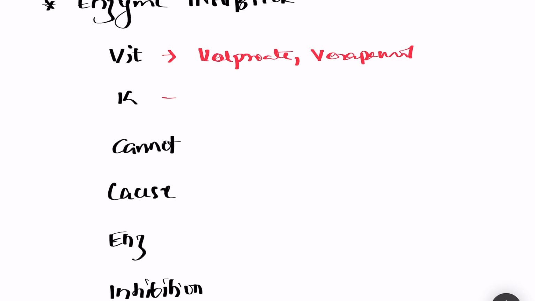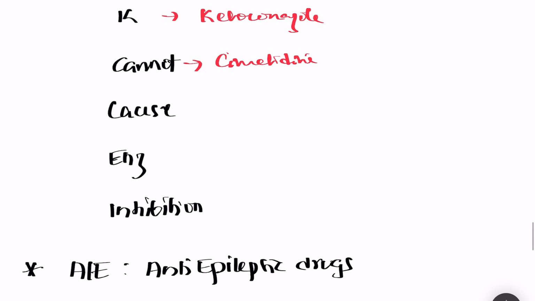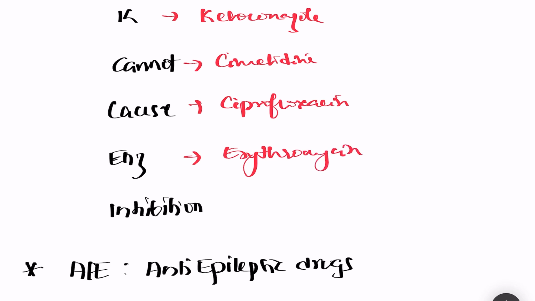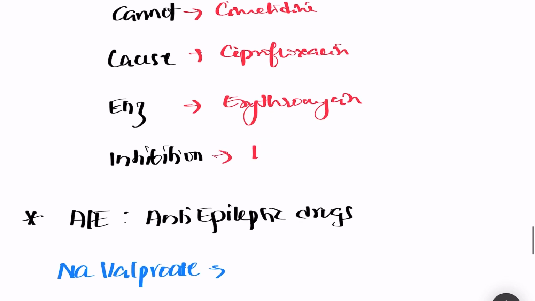You have K for ketoconazole, C for cimetidine, one more C for ciprofloxacin, and E stands for erythromycin, and I stands for INH, isoniazid.